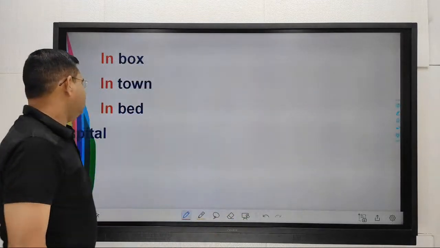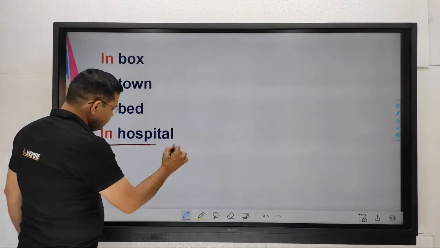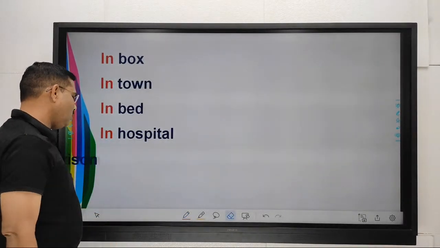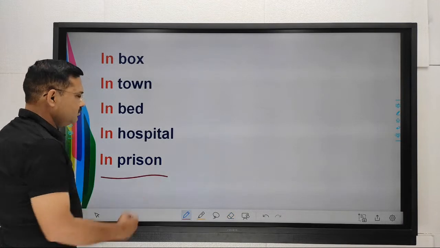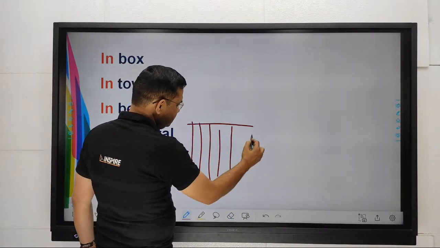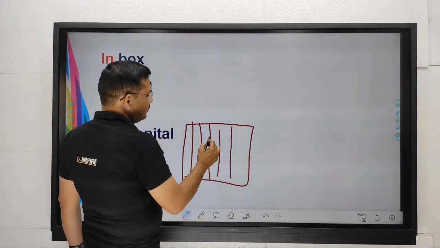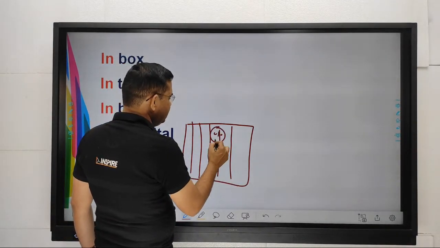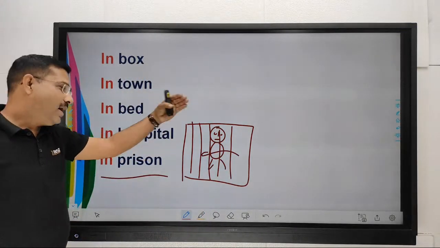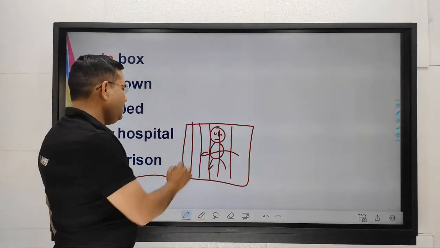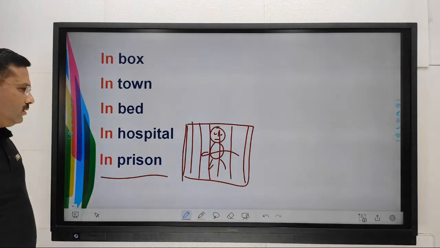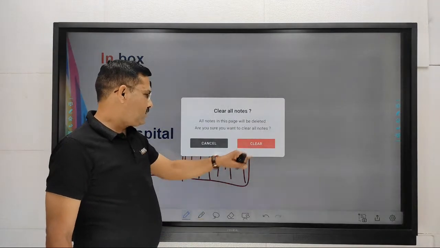Come on, next. In hospital, if somebody is admitted in hospital, we say he is in hospital. In prison, that is behind the bars. If somebody is behind the bars, that means he is in prison.